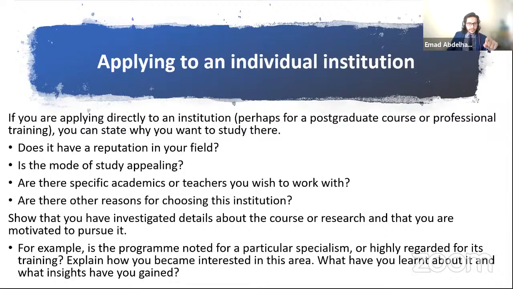So that would be your research here. You need to research the area or the course that you are about to study. For example, is the program noted for a particular specialism or highly regarded for its training? And explain how you became interested in this area and what you have learned about it and what insights you have gained.